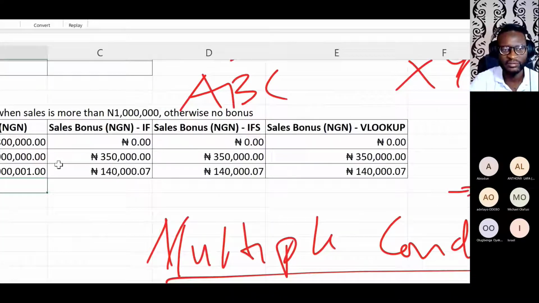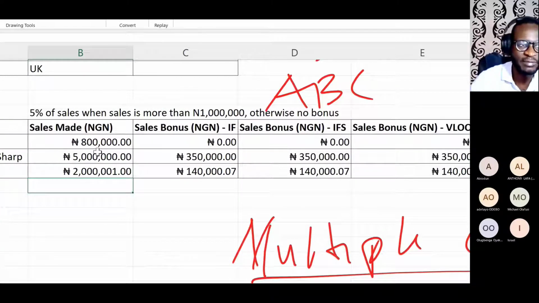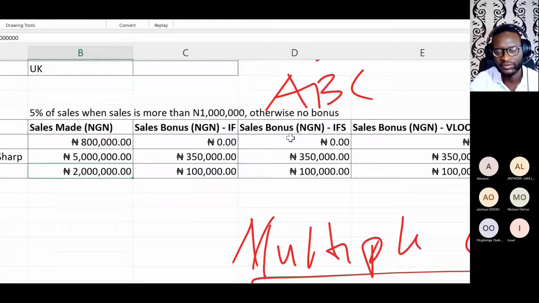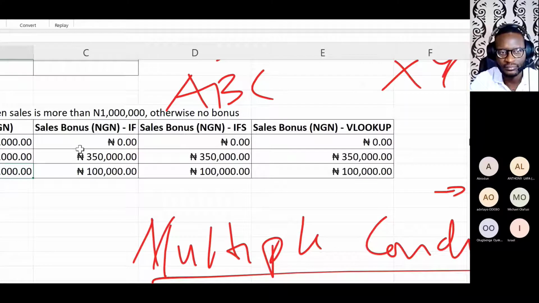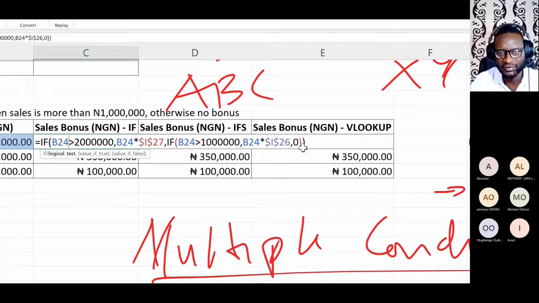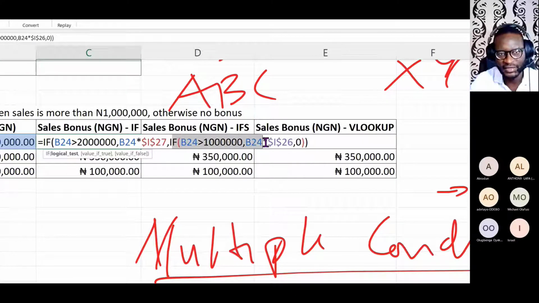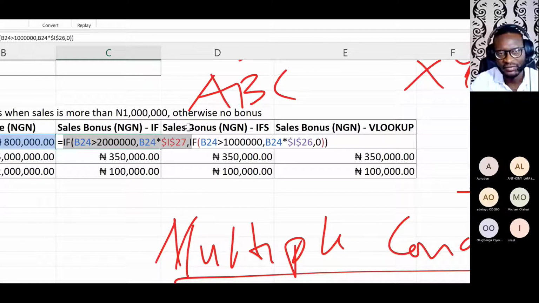So now let's talk about which is better, or what's the real difference between all of them. Let's start with difference number 1. This is the normal if, where you're writing an if inside another if. For someone who is new in Excel, this is not as easy as it looks.